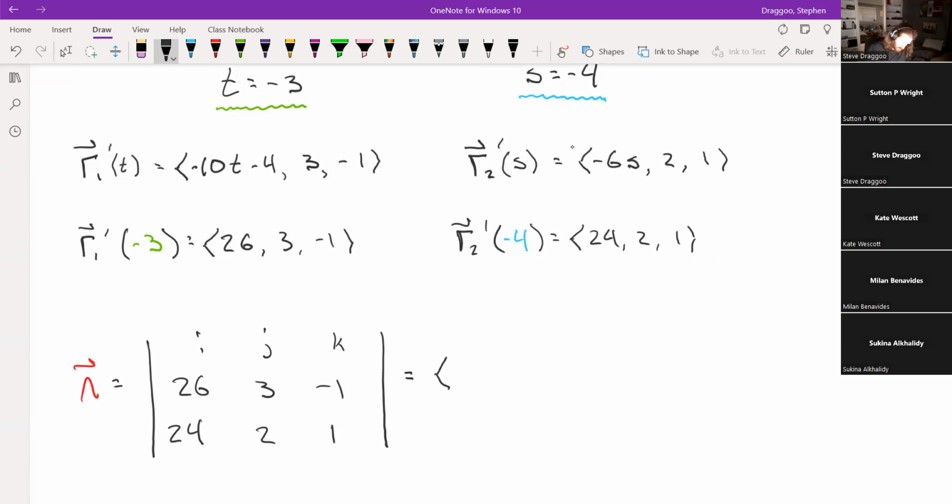I'll have 3 minus negative 2. I'll have negative 24 minus 26. And I'll have 2 times 26 is 52 minus 24 times 3 is 72.